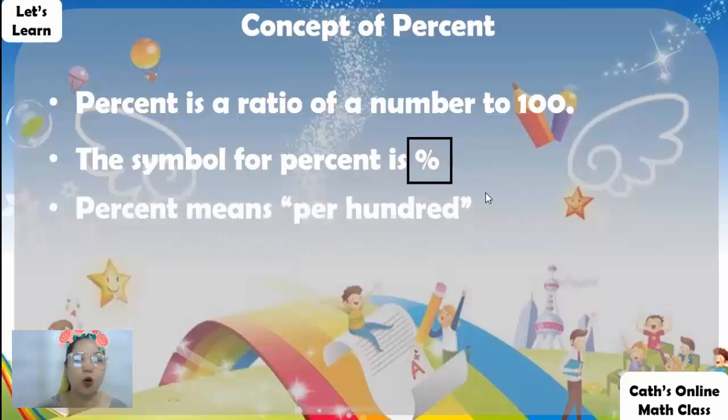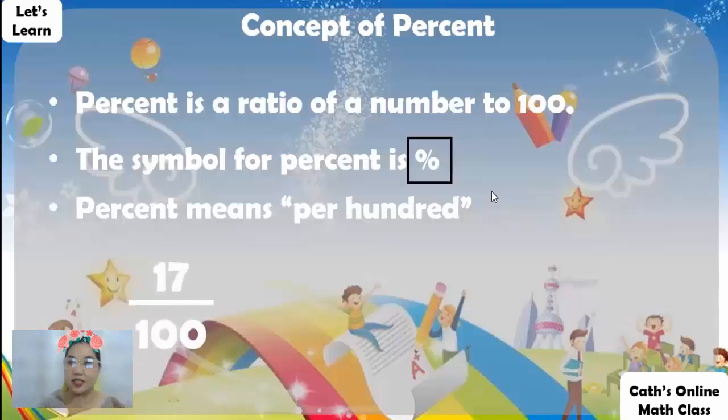Next, what does percent mean? Percent means per 100. That's why when we convert this into a ratio, it always has 100 on the other side. Let's take a look at this example: 17 is to 100, or 17%. These are examples of how to analyze percent.